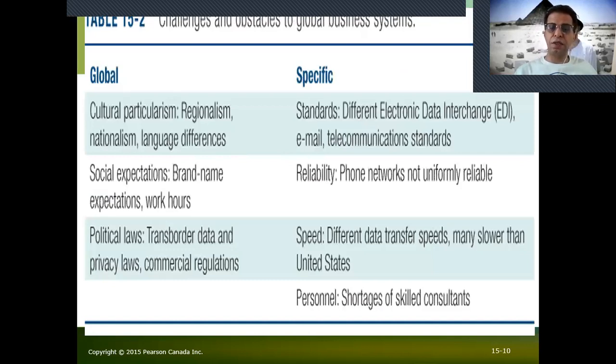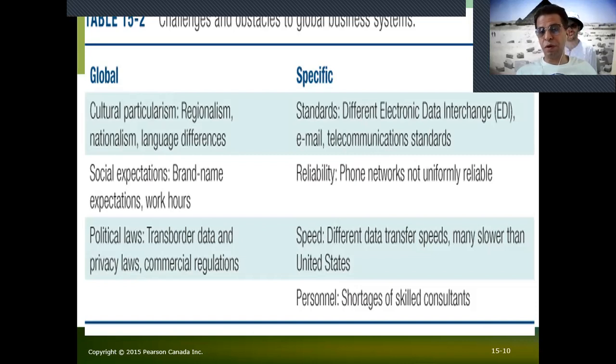As for the challenges and obstacles to the global business system, at the global level we look at, for example, cultural particularisms, regionalisms, nationalisms, and language differences. We also look at social expectations, like brand name expectations and work hours. We are also looking at political laws, like transborder data and privacy laws, and commercial regulation.